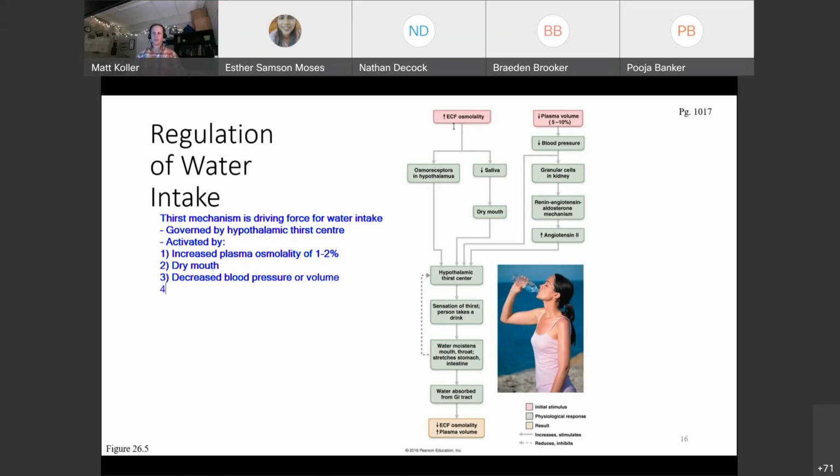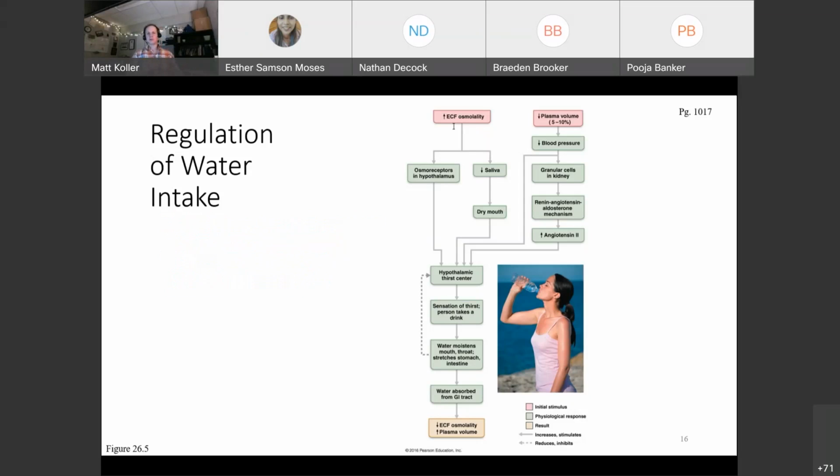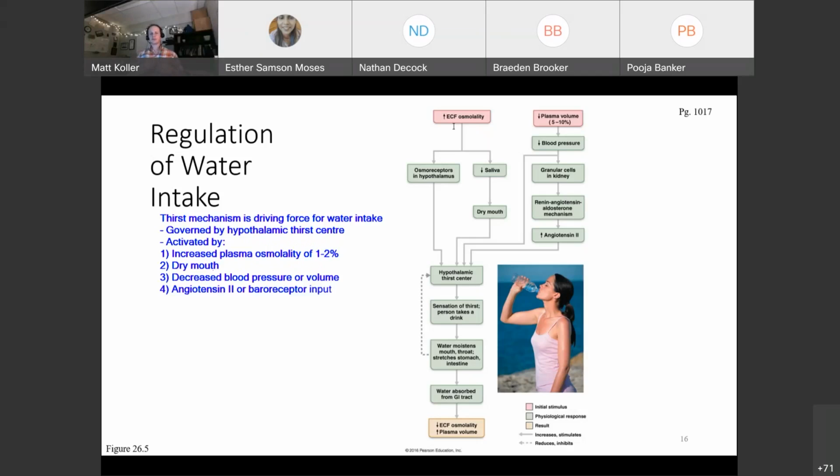And then one thing that is also a bit more technical is angiotensin 2 or baroreceptor input. Baro means pressure. You have these baroreceptors. A baroreceptor is a pressure detector within your body. And if it detects that blood pressure, blood volume is going down, the pressure is going down, then this will activate your hypothalamus thirst center, which will cause you to want to drink.